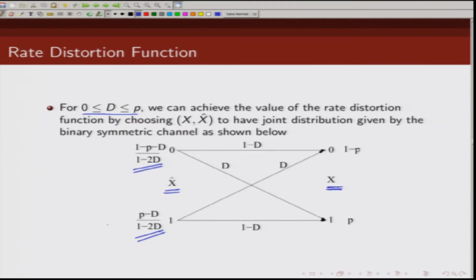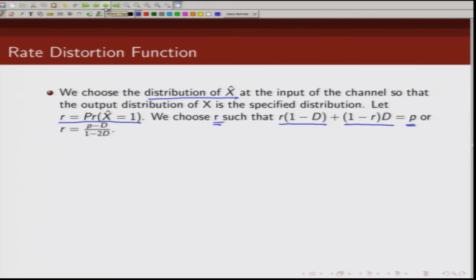If I do that, I get this input distribution on x hat: probability of x hat being 1 is p minus d divided by 1 minus 2d.